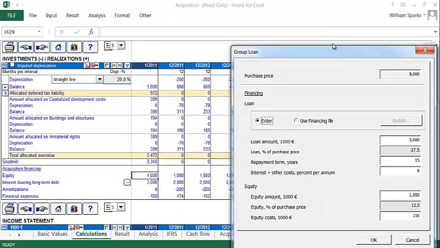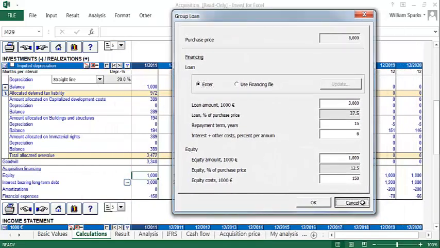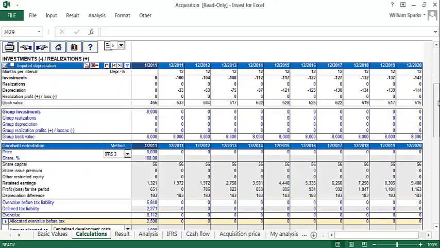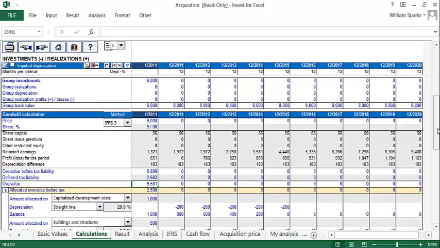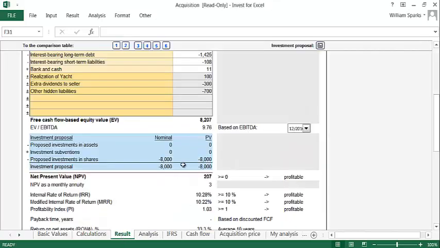Let's try it. You need to close this one then. It's right there. If you look at the result sheet now, I think nothing changed there.